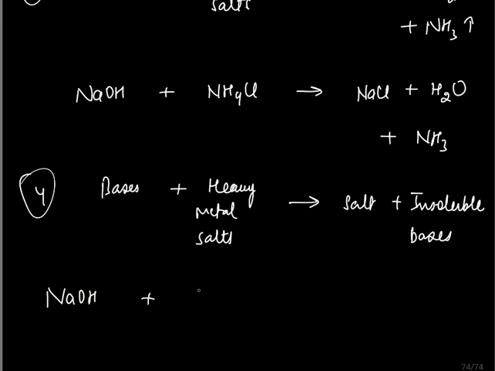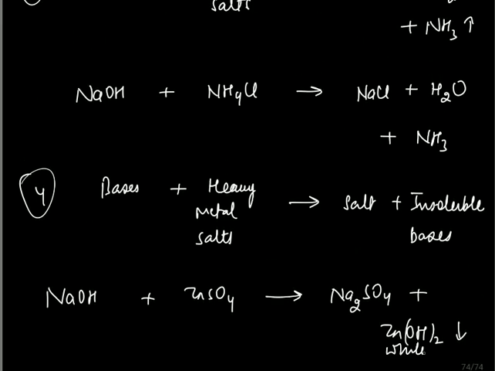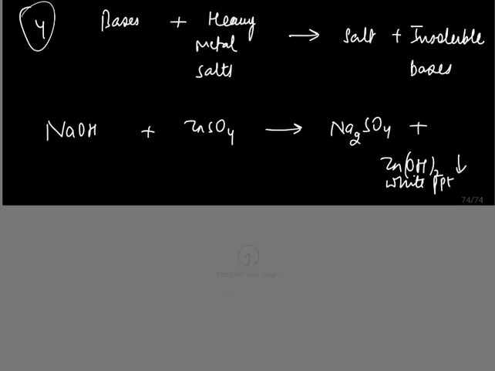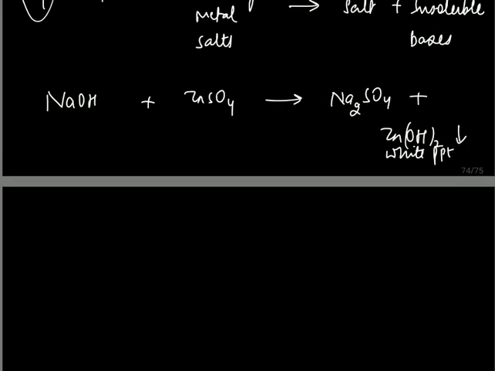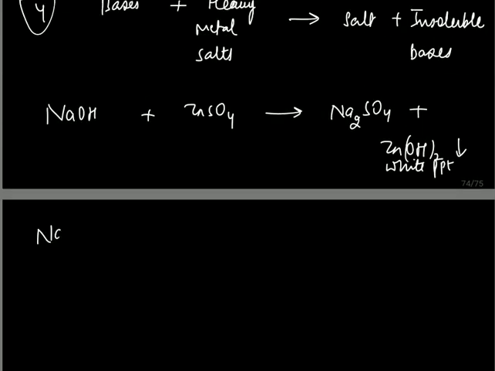So I'm going to take zinc sulfate over here. Again, it's a double displacement reaction. Sodium sulfate will be formed along with zinc hydroxide, which is an example of an insoluble base, and it's going to form a white precipitate. We can take multiple examples. We can even do it with iron, NaOH reacting with the iron salt.